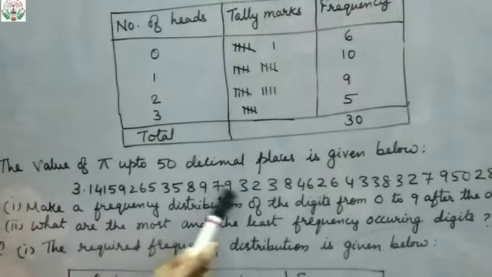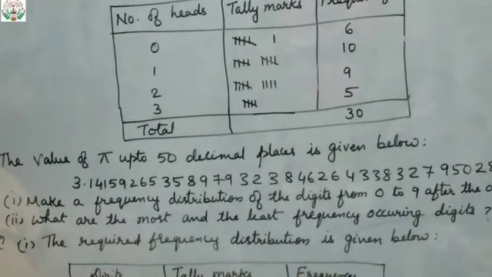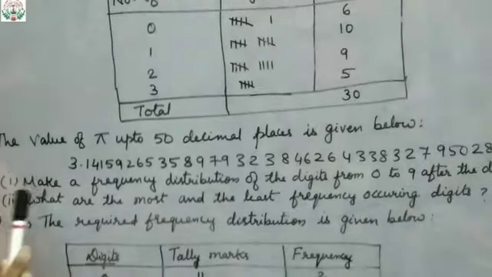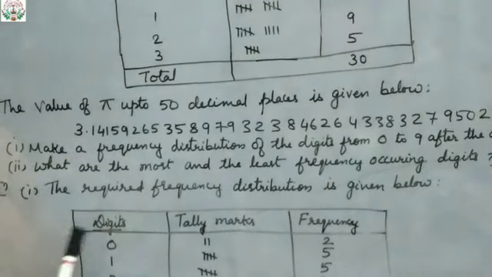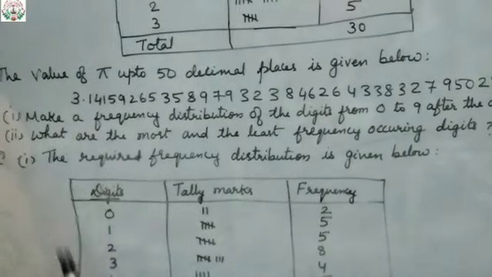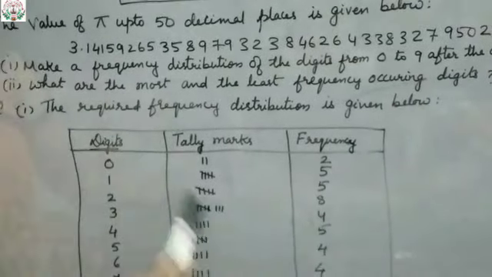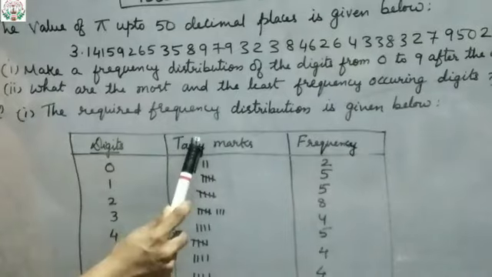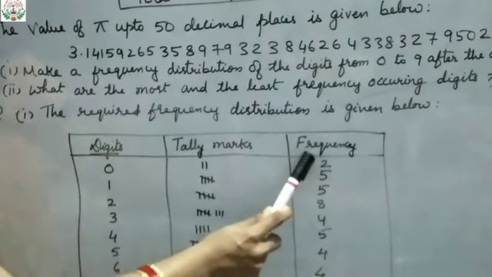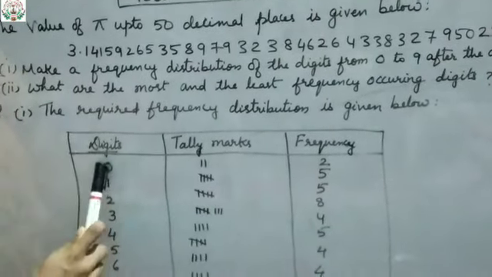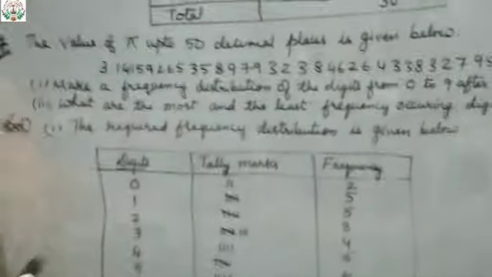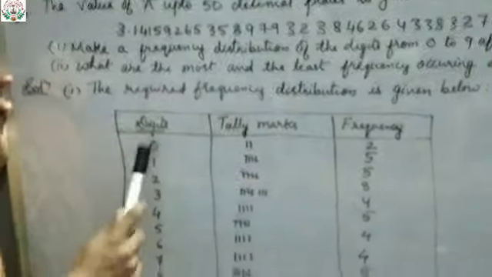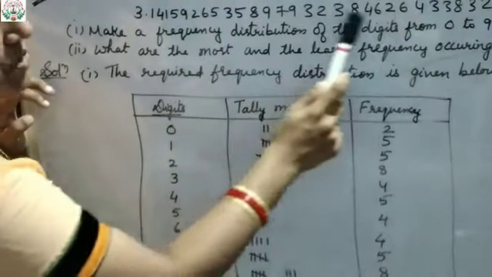Now seeing this number you have to make the frequency table. First make the table. Again same way, 3 columns: first one digit, second one tally marks and third one frequency. Now in this frequency table you can see which numbers are there.